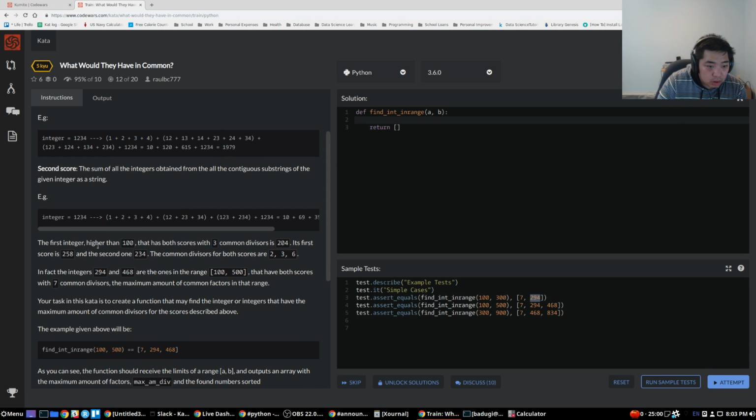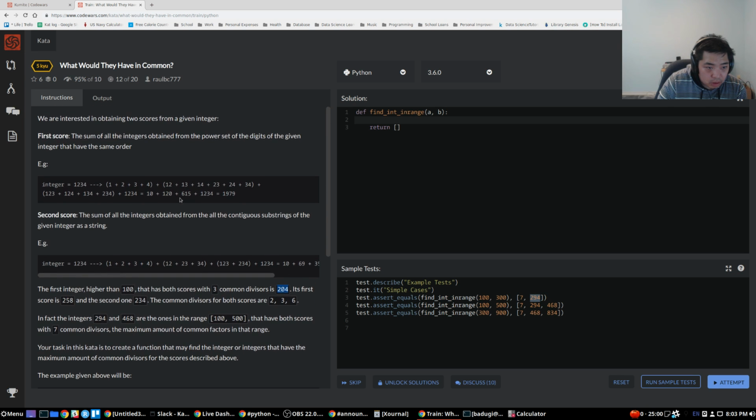The first integer, higher than 100, that has both scores with 3 common divisors is 204. The first integer higher than 100. The first score is 258 and the second one is 234. Okay.